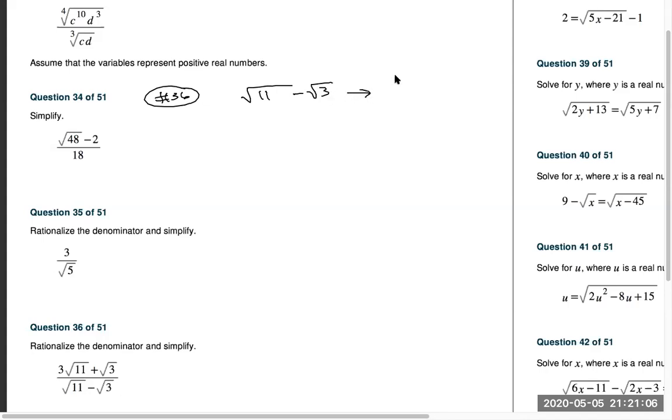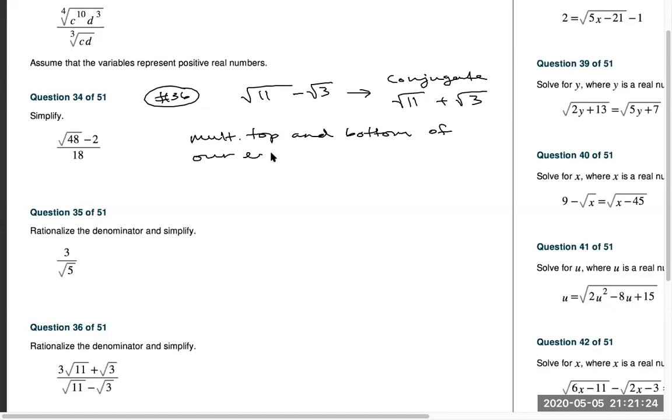Its conjugate will be root 11 plus root 3. So we're going to multiply top and bottom of our expression by the conjugate of the denominator.